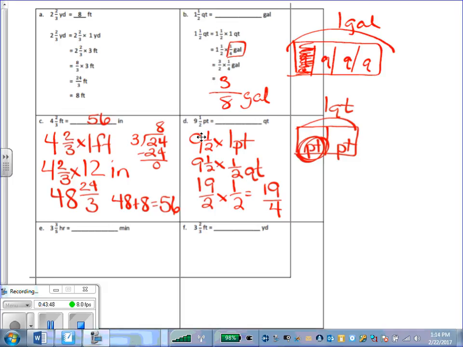Now I need to make this a mixed fraction. 4 goes into 19 4 times. 4 times 4 is 16. 3 left over. So you get 4 and 3/4. These were a few questions I had.